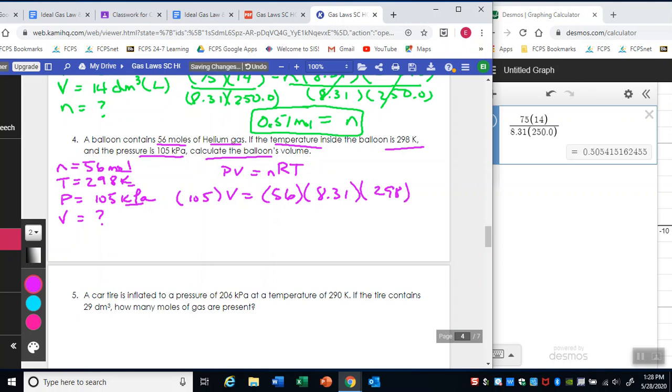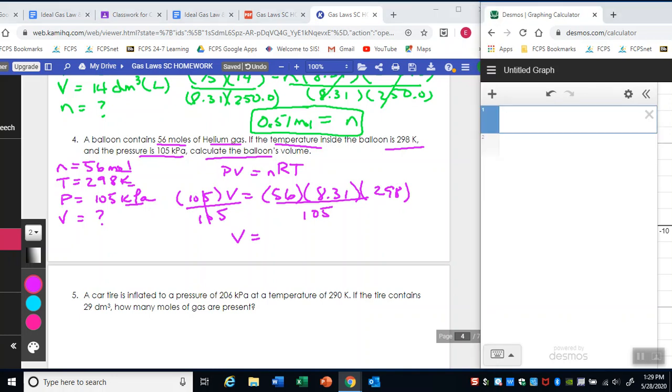All right, so I just substitute. Write your equation, substitute. And then I want volume by itself. It's being multiplied by this 105, so I'm going to divide by 105, and I'm going to divide this side by 105. 1 times V is V, so my new volume is whatever that is. So let me do that over here. So 56 times 8.31 times 298, my temperature, divided by my pressure, 105.